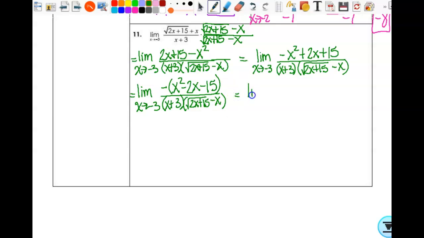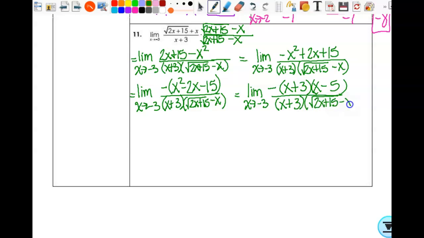So it's going to give me the limit as x approaches negative 3 of, so this negative, and then two binomials, x and x. That 15 is negative, so the signs are opposites. That'll be a negative 5 and a positive 3. My denominator is x plus 3 times the square root of 2x plus 15 minus x.